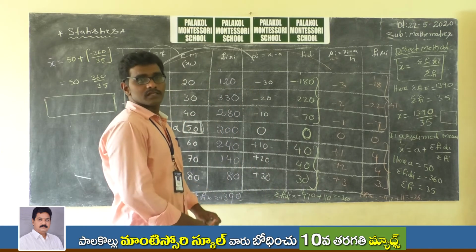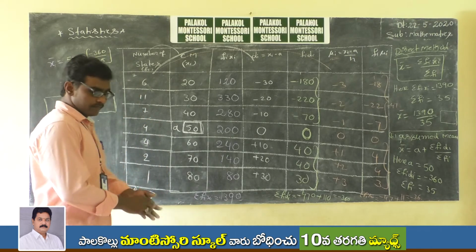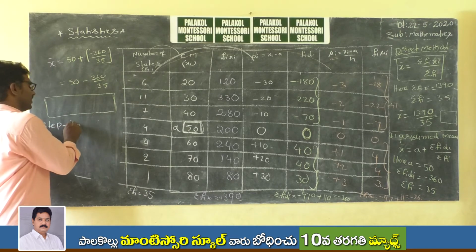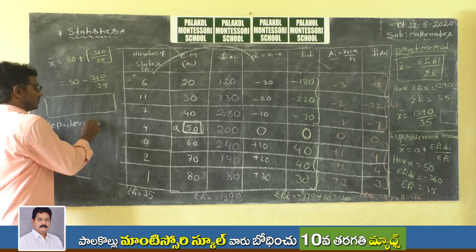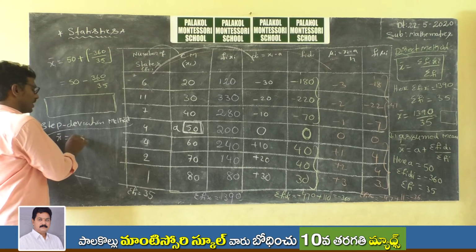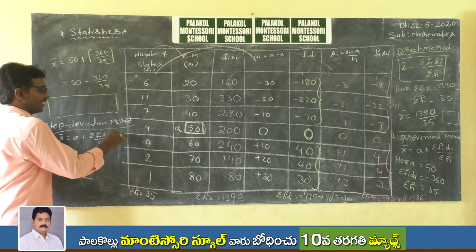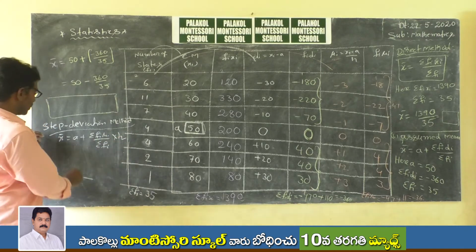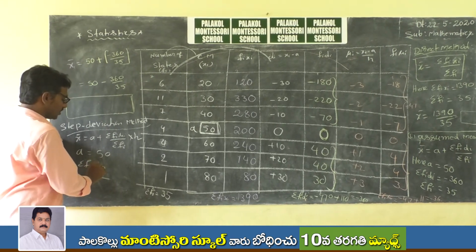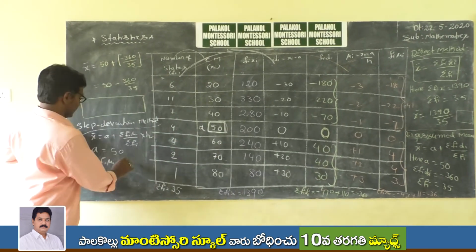Okay guys, now I calculate the step deviation method. What's the formula? x bar is equal to A plus sigma f_i u_i by sigma f_i, into h. First you note down the values. A is equal to 50. Sigma f_i u_i is minus 36.